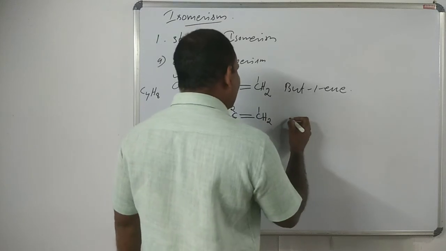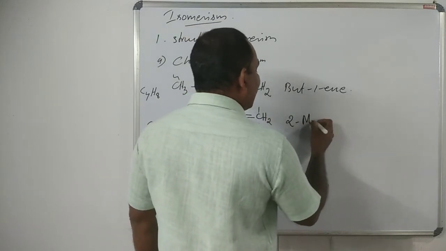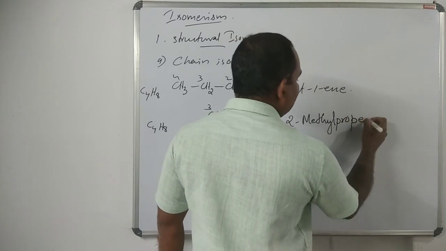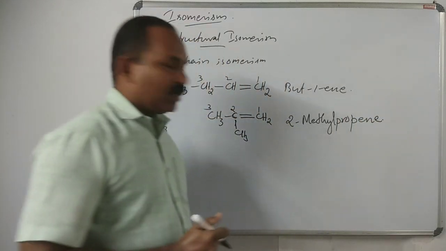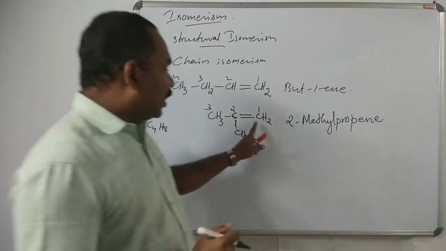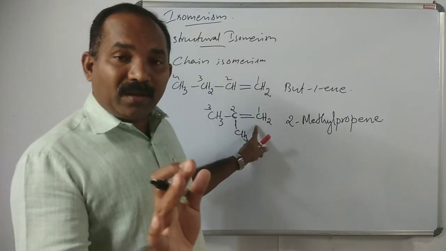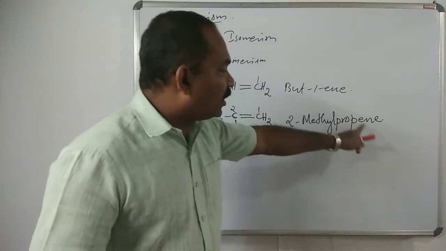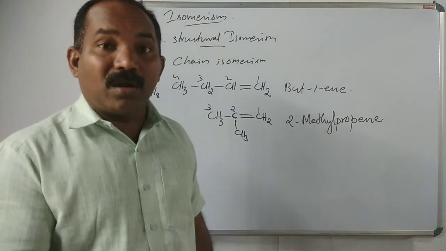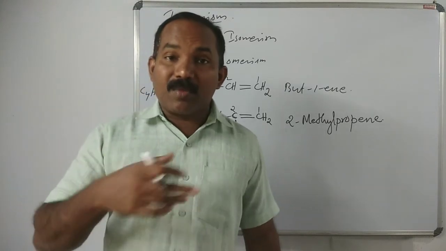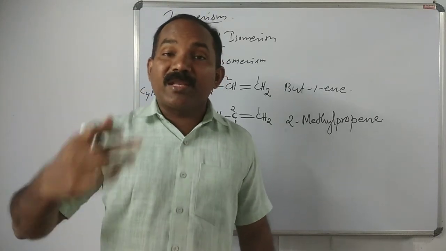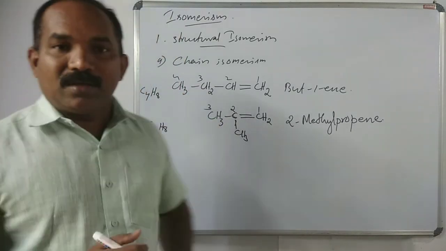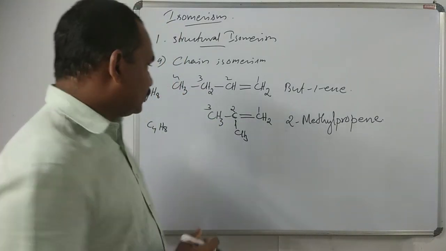The name of the molecule is 2-methylpropene. Remember that in propene, the double bond comes at the first position. That's why we didn't mention the position. But in butene onwards, we mention the position of the double bond. So these two are structural isomers.